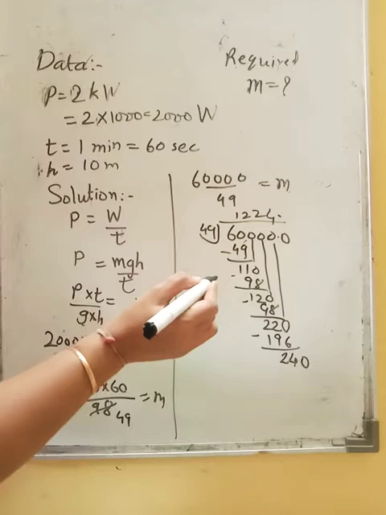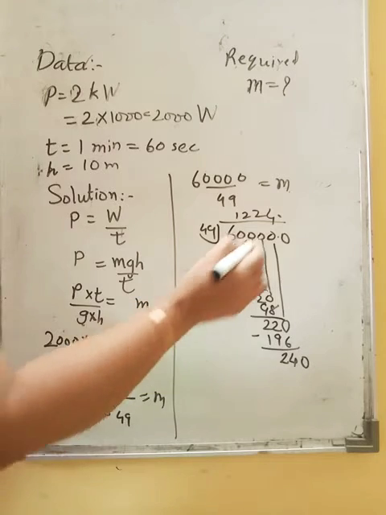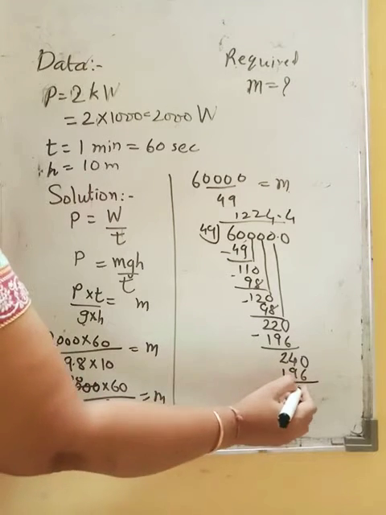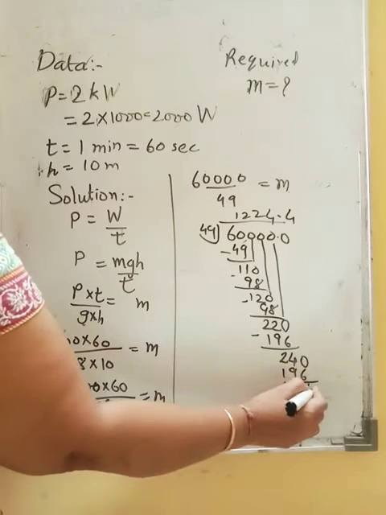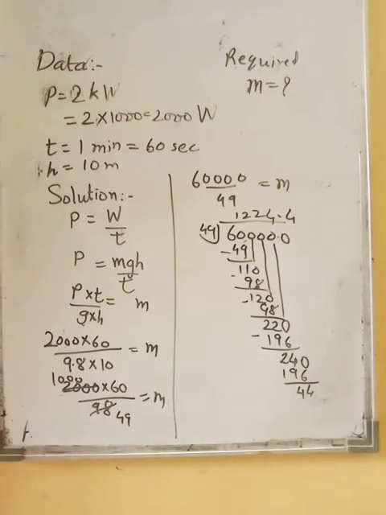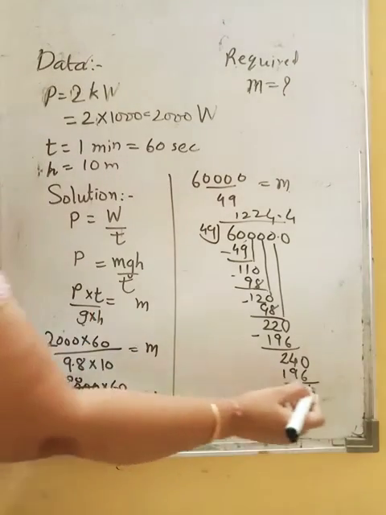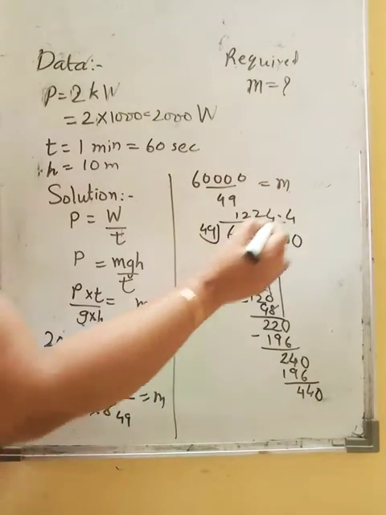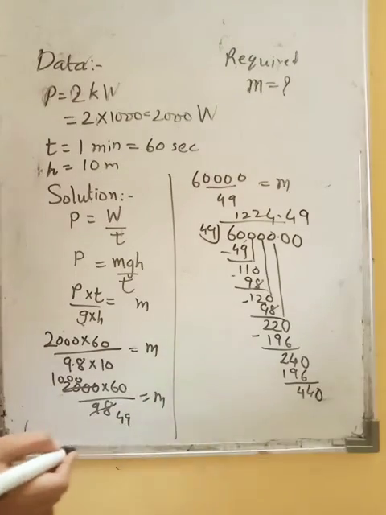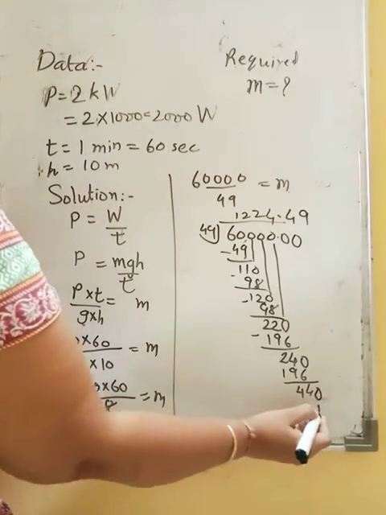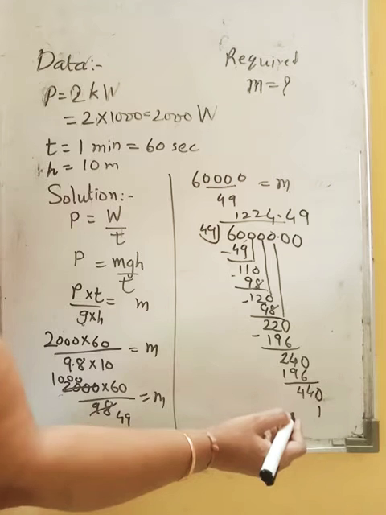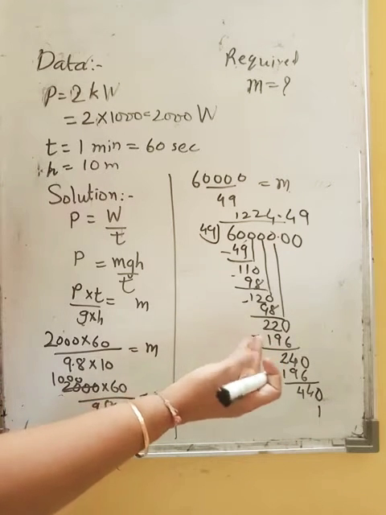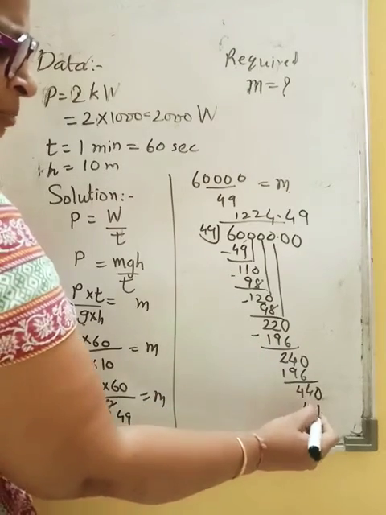49. 49 4s are again 196. What remains is 44. So put 0. 49 9s are roughly 441.